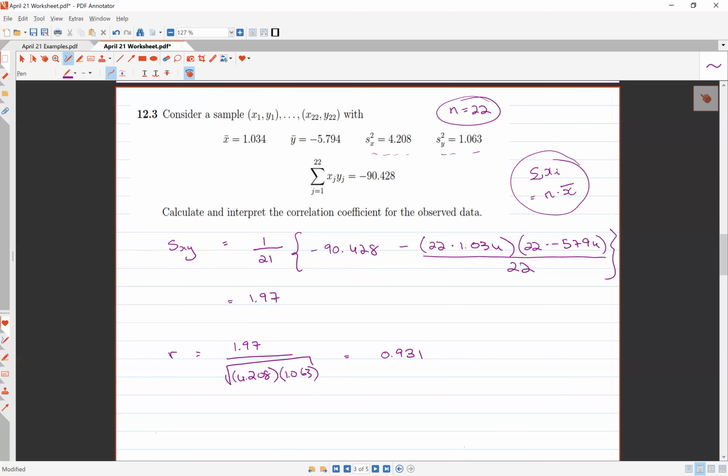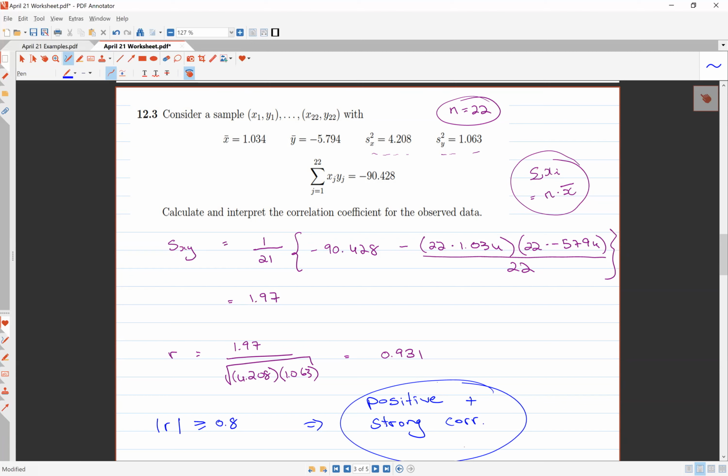So here, when you're interpreting, the rule of thumb is if the absolute value of the correlation exceeds 0.8, it is classified as a strong correlation. So it's positive in direction and it's strong. So there is your interpretation in this instance.